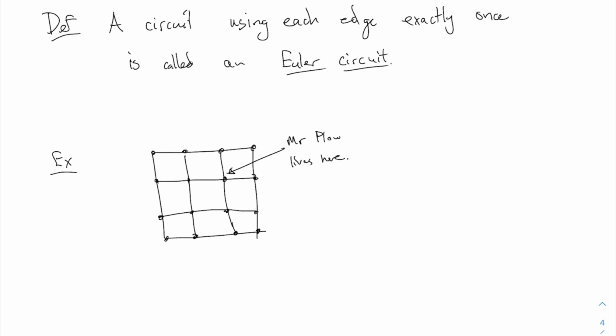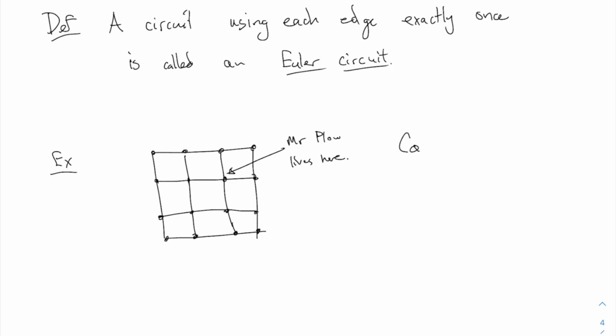Mr. Plow lives here, and let's say when it snows, Mr. Plow wants to plow all the streets in his neighborhood. And the best way to do this, of course, is if you didn't have to repeat any street. So let's imagine Mr. Plow's, this is not very realistic, but let's say Mr. Plow's plow is so big that it can just go straight down the middle of the street, and that's good enough. One pass down each street.